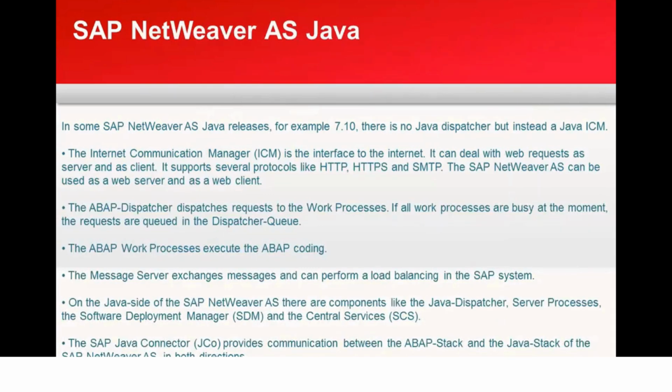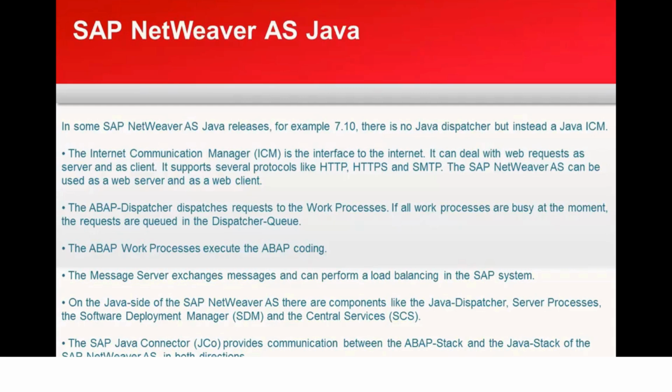Now, SAP NetWeaver AS Java. In AS Java releases, for example 7.10, there is no Java dispatcher, but instead a Java ICM is there. They have obsoleted the Java dispatcher bundling with 7.1 and replaced it with ICM, the Internet Communication Manager.